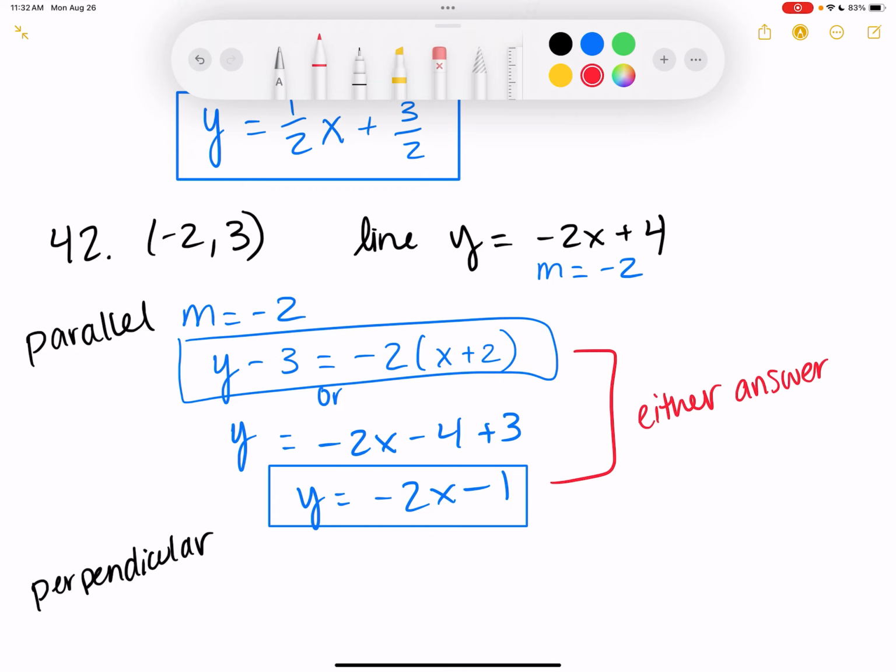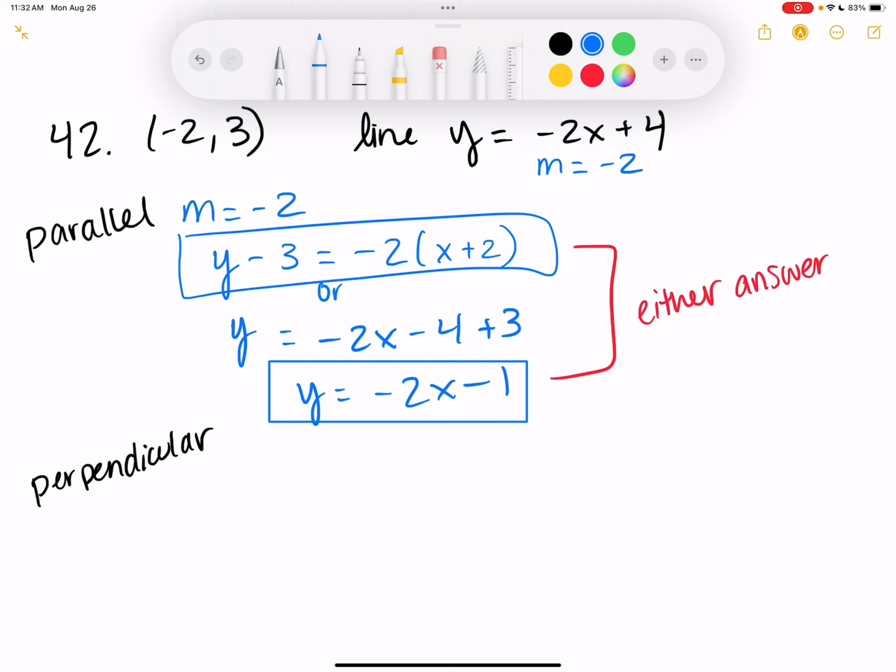What do we know about slopes of perpendicular lines? They have to be opposite of each other. It's -2, so it has to be like 1.5? So it's the opposite inverse. We change the sign and we flip the number. So in this case, it is going to be a slope of positive 1/2. And then we do the same thing.